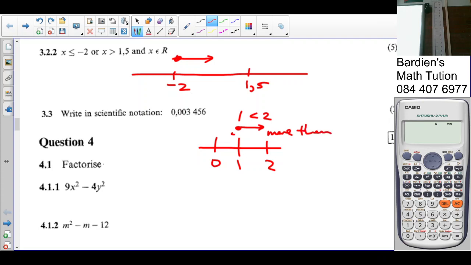Can you see that? What do you notice in this direction? 0 and 1. Is 0 more than or less than 1? Less than. Or 1 is more than 0. Can you see that? So if we go in this direction, it will be the less than direction. Does it make sense?